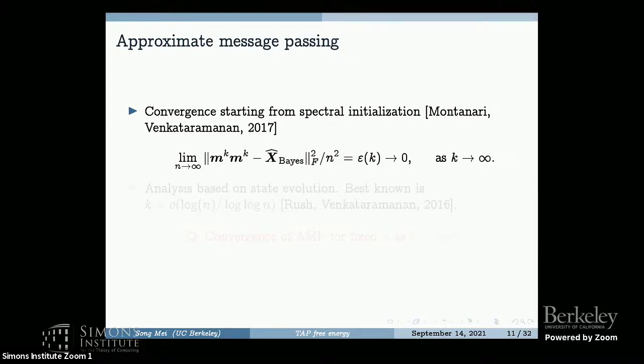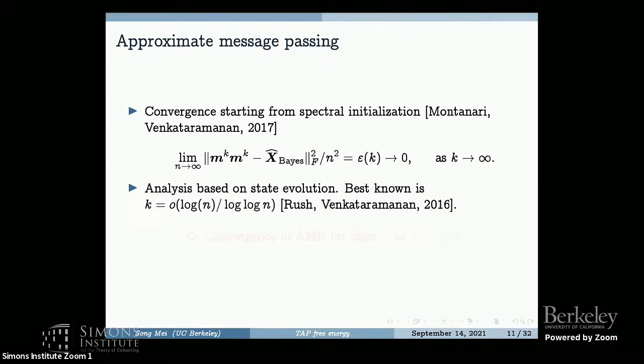This characterization allows us to extract a lot of information about the Bayes estimator, so it's a very good result. But in terms of optimization, it's still not clear whether, if you run AMP forever, you converge to some fixed point.